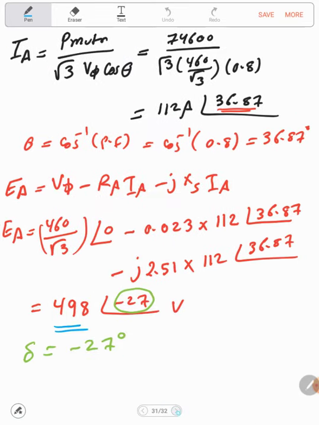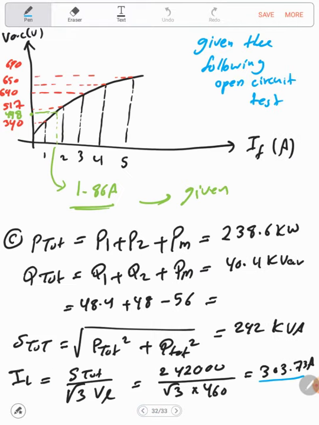So where is that? That's because we're having the machine is also consuming active power.